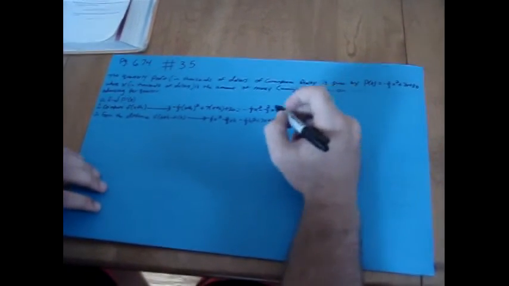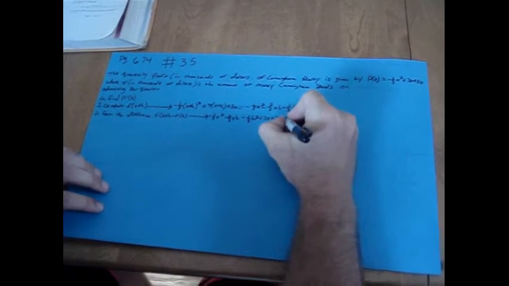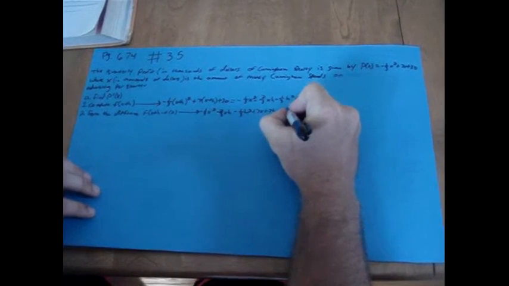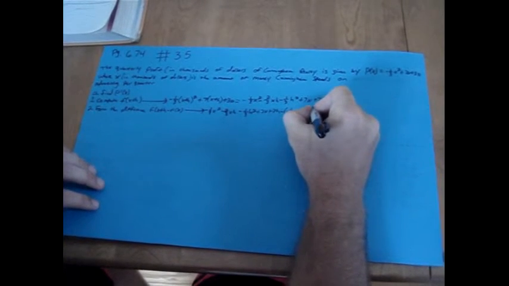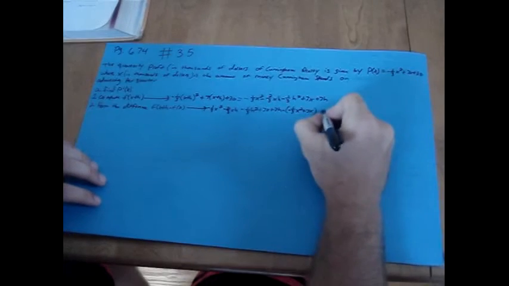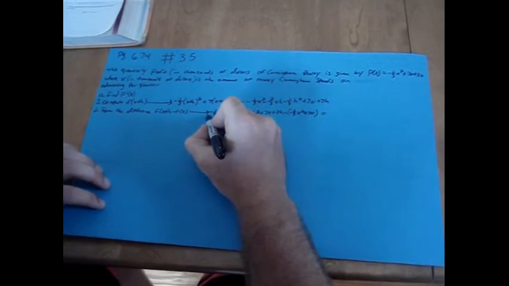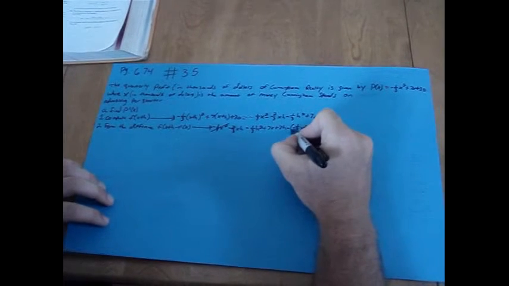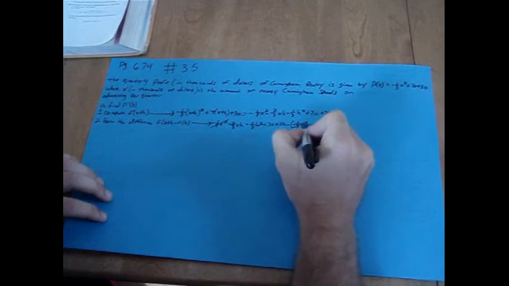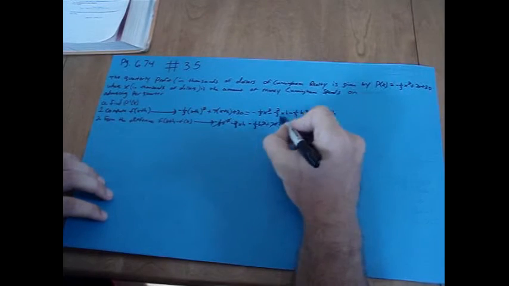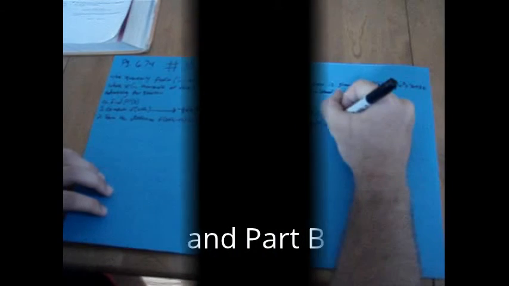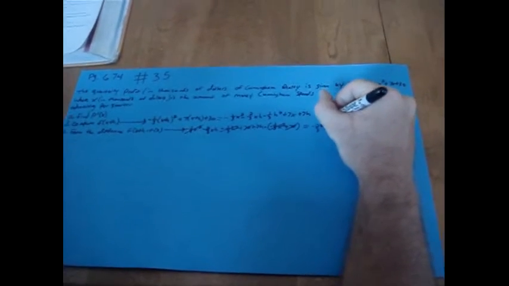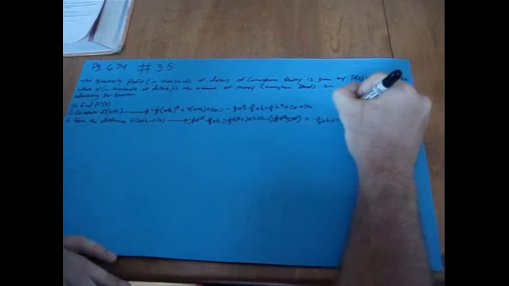And then you subtract f of x, which is negative 1/3 x squared plus 7x. Cross out the like terms, and that would leave you with negative 2/3 xh plus 7h.